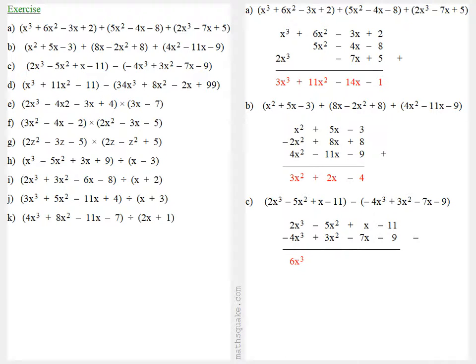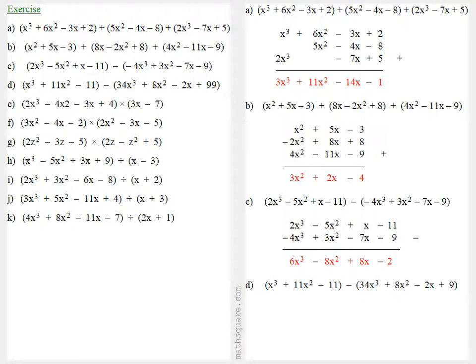We've then got minus 5x squared take away 3x squared, which is minus 8x squared. x take away minus 7x, which is x plus 7x, which is 8x. And in minus 11 take away minus 9, that's minus 11 plus 9, which is minus 2. And so our solution is 6x cubed minus 8x squared plus 8x minus 2.